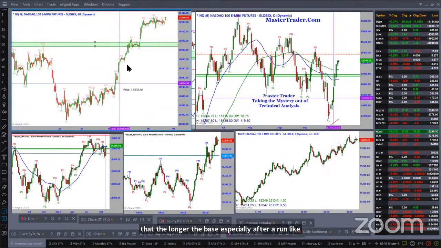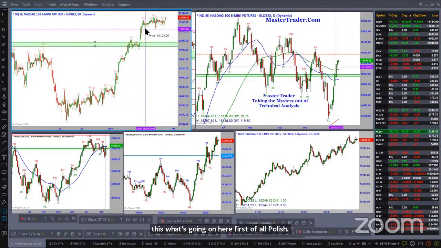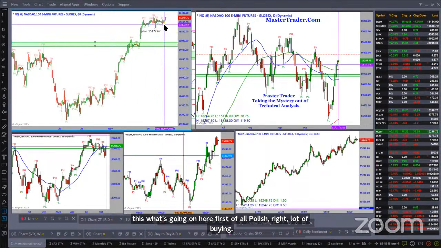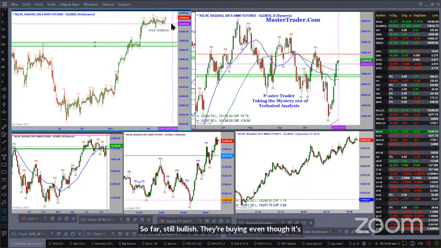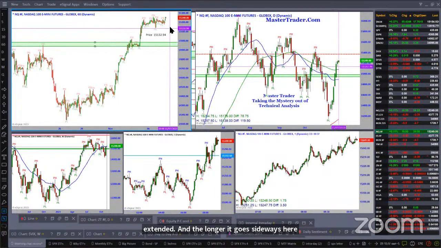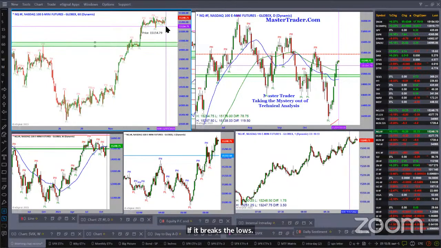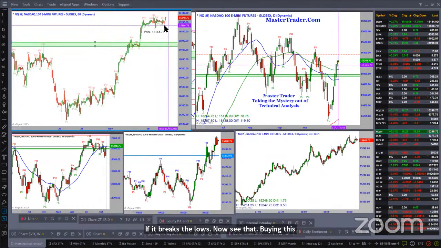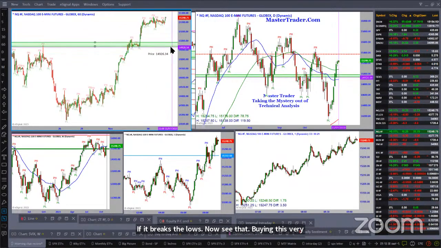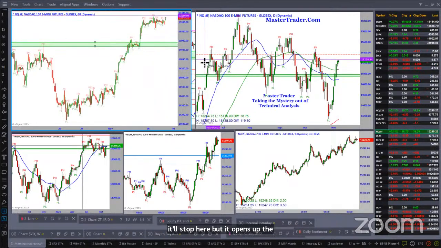First of all, bullish, right? A lot of buying. So far, still bullish. They're buying even though it's extended. And the longer it goes sideways here, if it breaks the lows, longs now see that buying this very shallow retracement isn't working. Supply increases, and it'll stop here, but it opens up the door to moving lower.